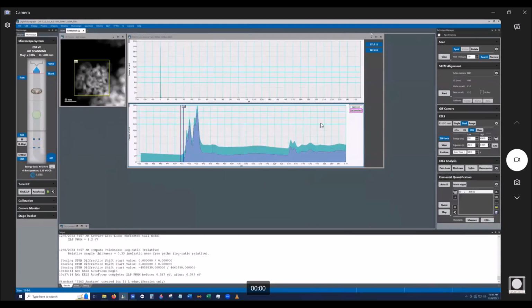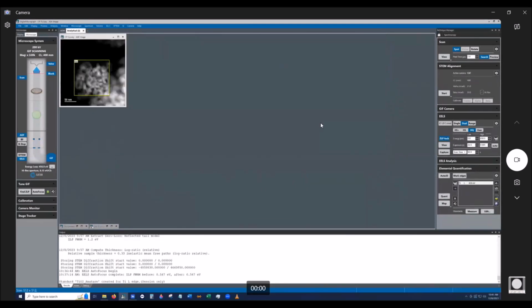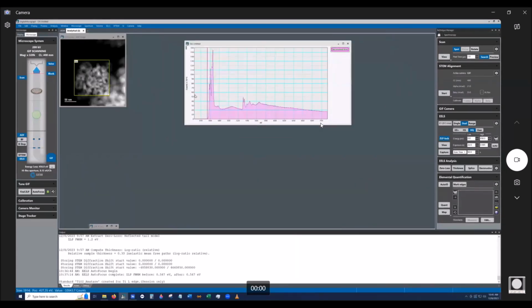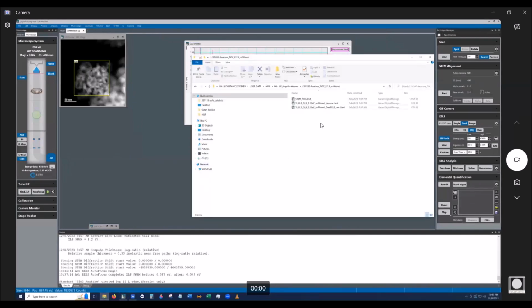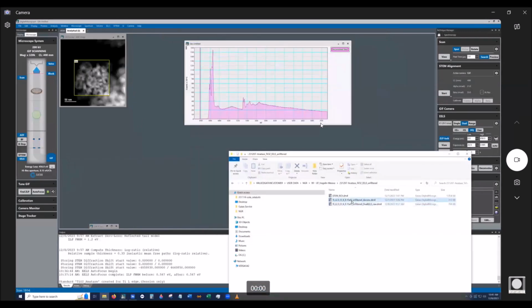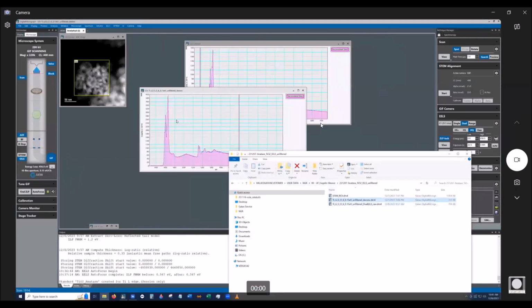All right, so now what I wanted to show you, that's the deconvolved spectrum. So if I can show you the one I took without filtering, so this is the unfiltered version.